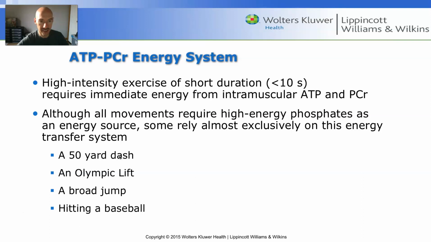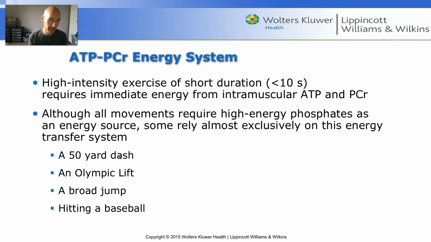A 50-yard dash can take you anywhere from 5 to 10 seconds, right? So all the energy for short burst activities comes from this system. An Olympic lift, something like the clean and jerk or the snatch, where you're moving a barbell from the floor over your head rapidly, takes maybe 1 to 2 seconds. Again, that's going to all be this system. A broad jump, again, is just a couple seconds.